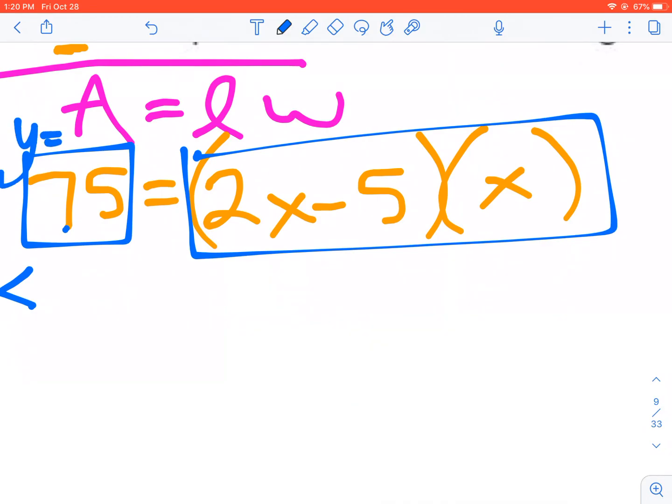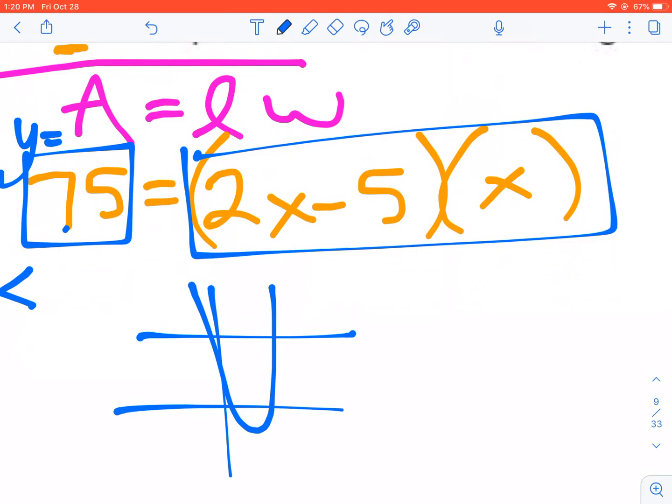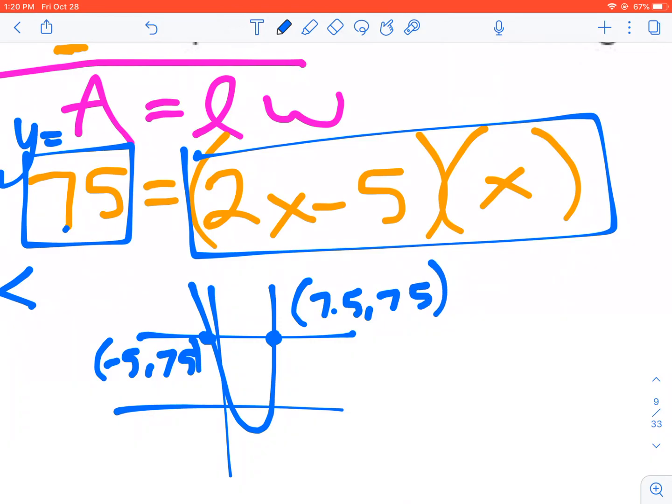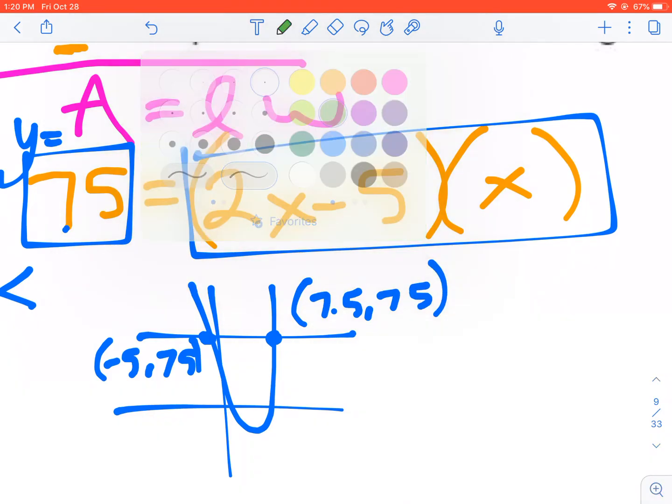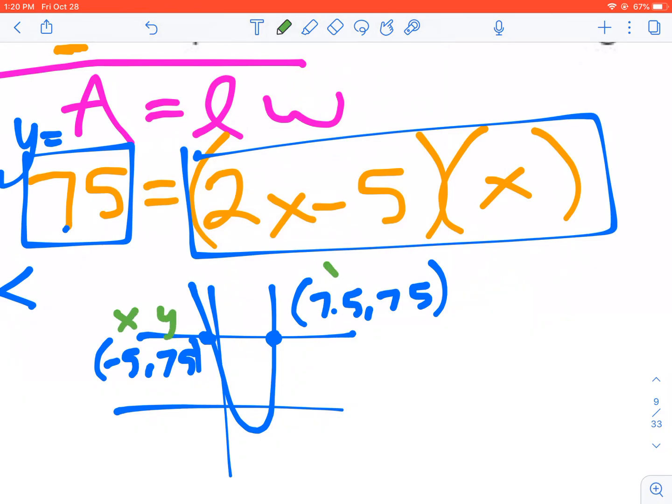We're going to reinforce that, and then we're going to draw our graph, and it looked like that and that, and one of these answers was -5, 75, and this one over here was 7.5, 75. Remembering in a point, it goes x, y, and so the answers are x.